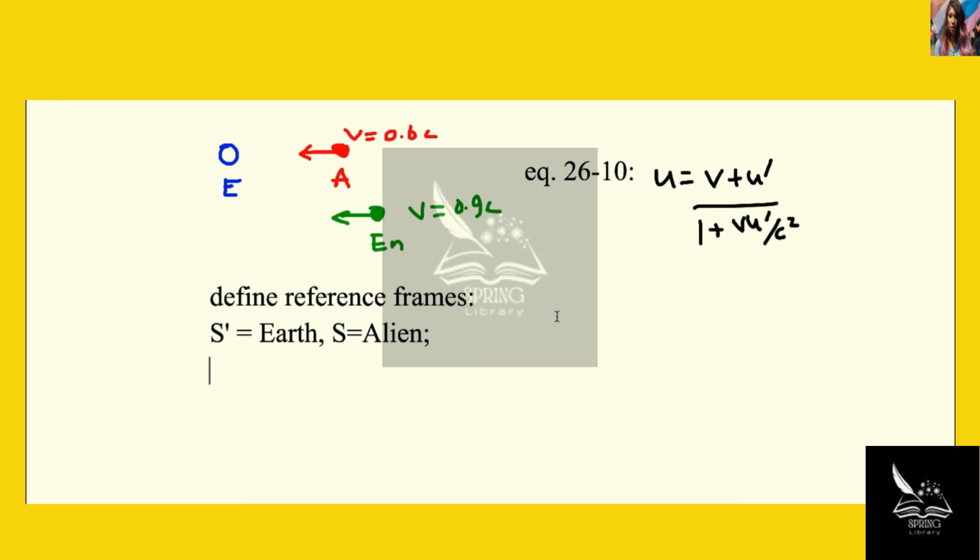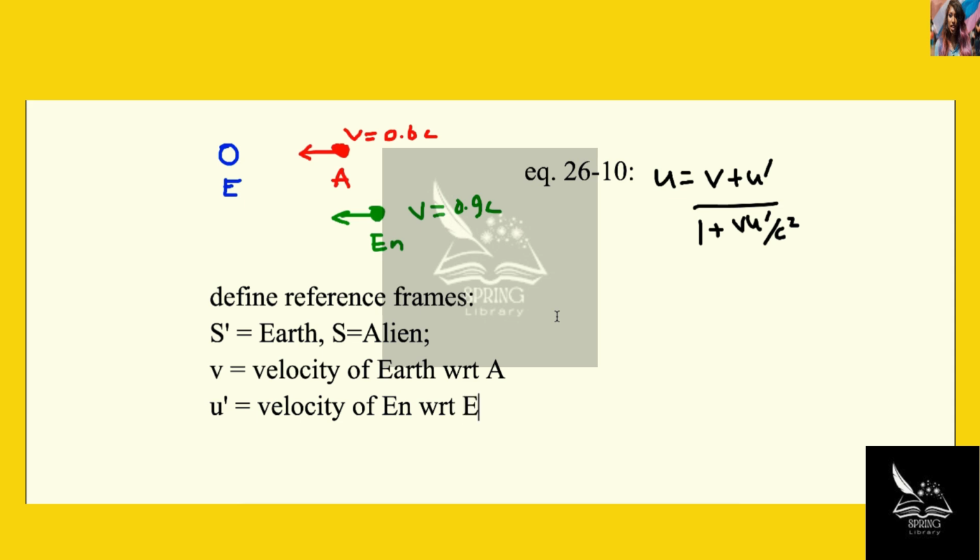And this means that v will be the velocity of Earth with respect to the alien spacecraft A, and u prime will be the velocity of the Enterprise, En, with respect to the Earth. Okay, and so v is the velocity that A measures of Earth.